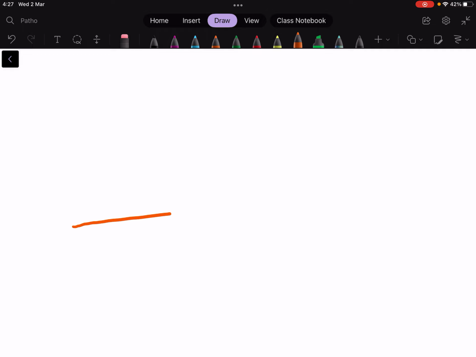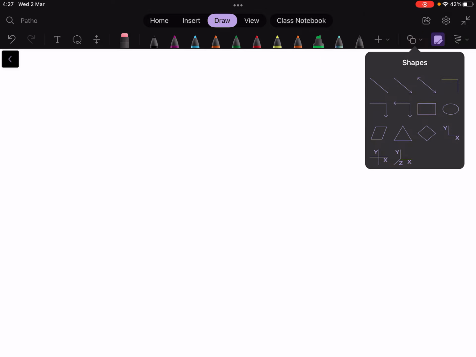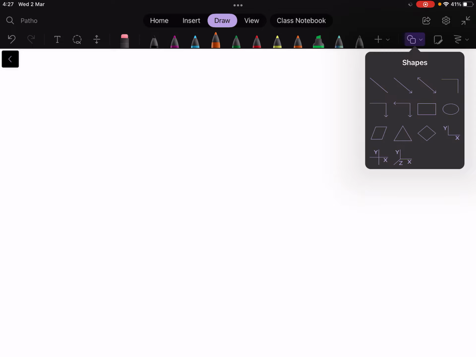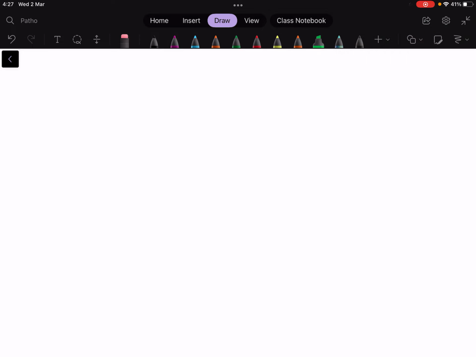Suppose this is the plasma membrane of a T cell. Let me draw this one. Now this obviously is going to have a T cell receptor, but the T cell receptor is not like this.